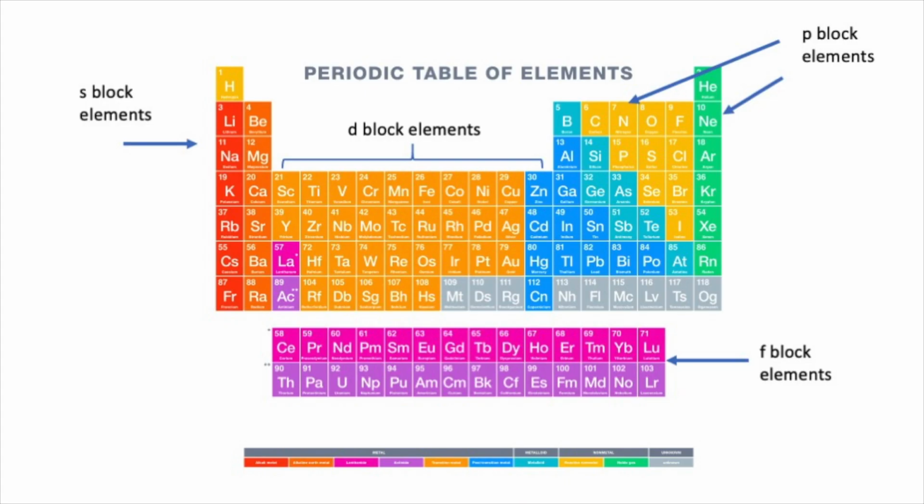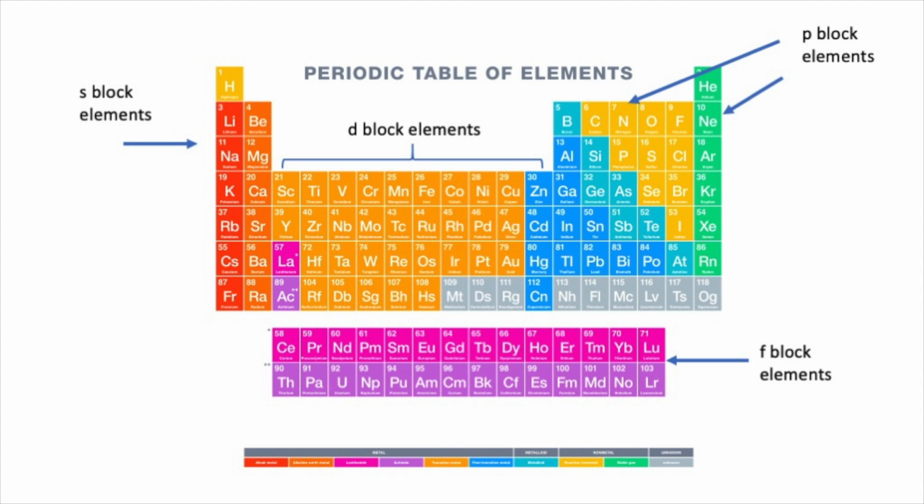So this slide summarizes the blocks that we've come across in the periodic table. So elements in groups 1 and 2 are classed as s block elements because when you fill their orbitals, the last electron is going into an s orbital. And elements in groups 3, 4, 5, 6, 7 and 8 are classed as p block elements.